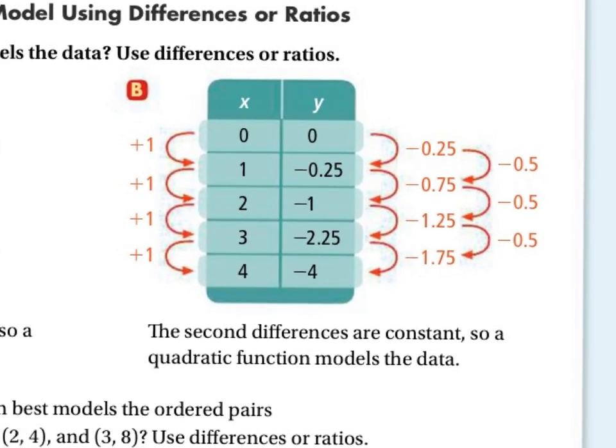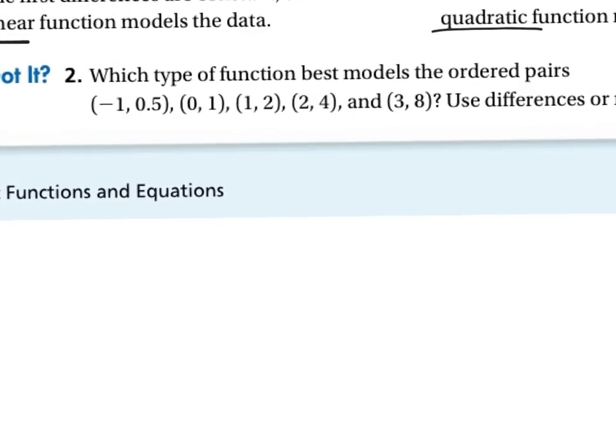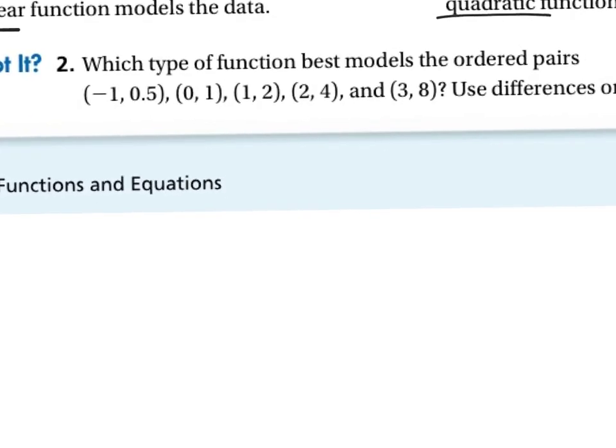For part B, the change in the y values was kind of all over the place, but then when they found the difference of those numbers, it came out all the same. So second differences were the same, means it's quadratic. And then if you look at the got it, I'm going to rewrite this using a table.